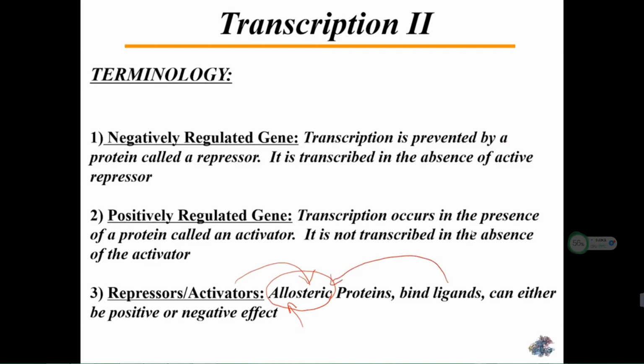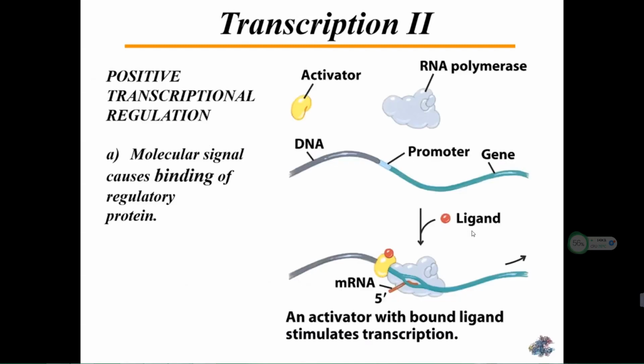Okay, and these ligands can either have a positive or negative effect on either the positive gene regulation or the negative gene regulation. So we're going to look at a couple of examples so that we can explain the terminology a bit better. I'll just advance the slide here.